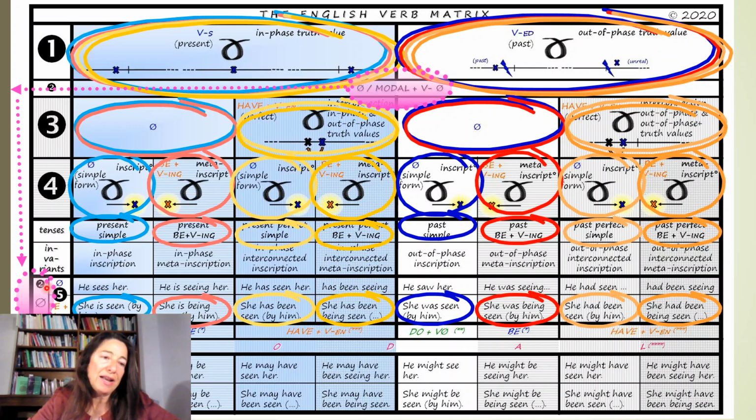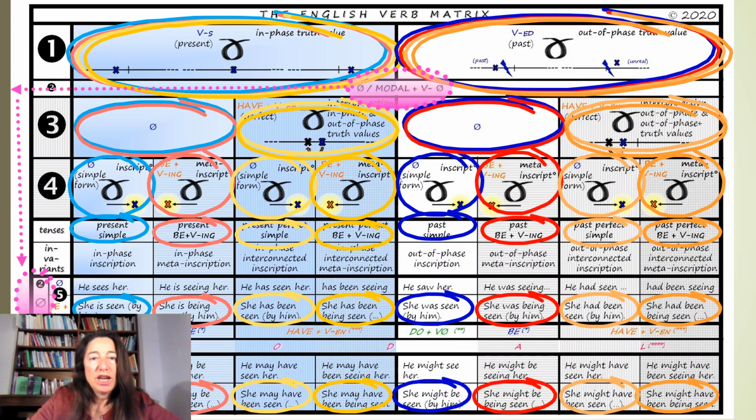So here are examples without a modal in the active voice, without a modal in the passive voice, and then at the bottom of this table, of this verb matrix, we can see examples with a modal in the active voice and in the passive voice.